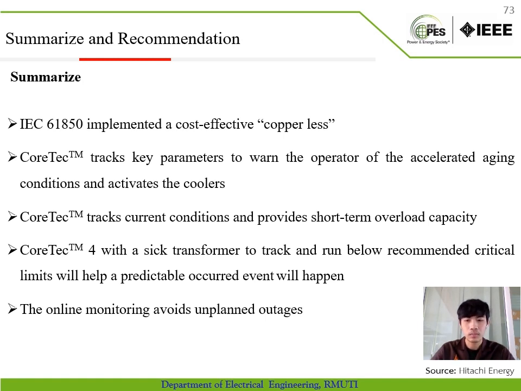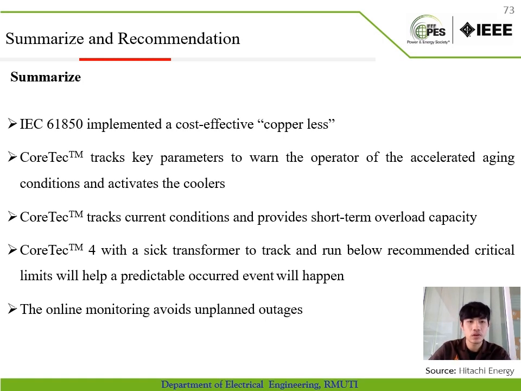The limitation of the temperature excursion and the thermal current condition can provide an overview of short-term overload capacity, which allows the operator to consider the power transformer aging versus increased throughput and revenues.